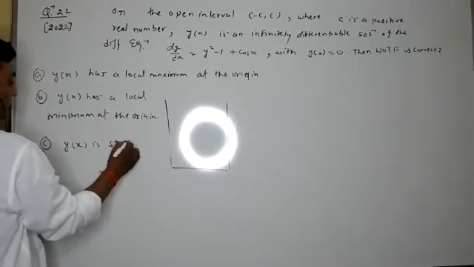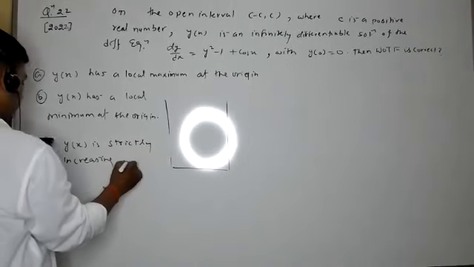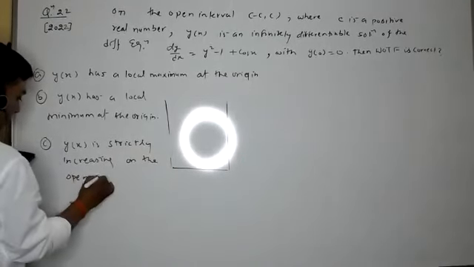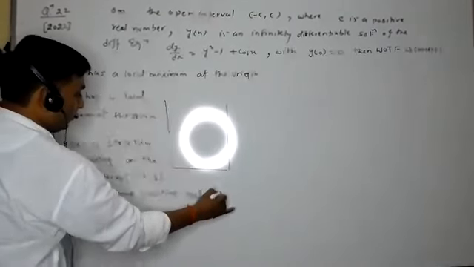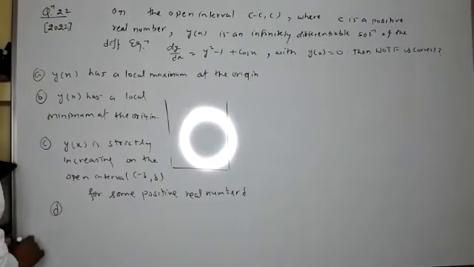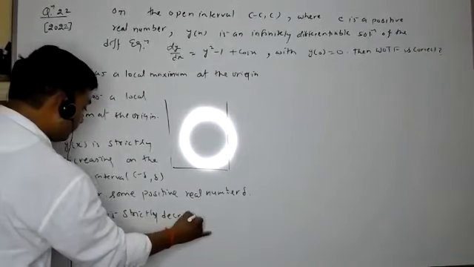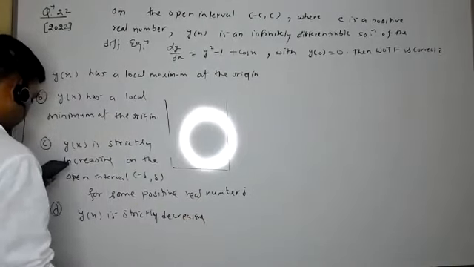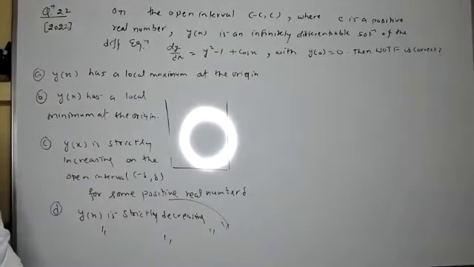Option C, y of x is strictly increasing on the open interval minus delta to delta for some positive real number delta. And the last option, y of x is strictly decreasing, the remaining statement being of the same type, right? Continue with that, still decreasing in the open interval like this. Can you check this question please?